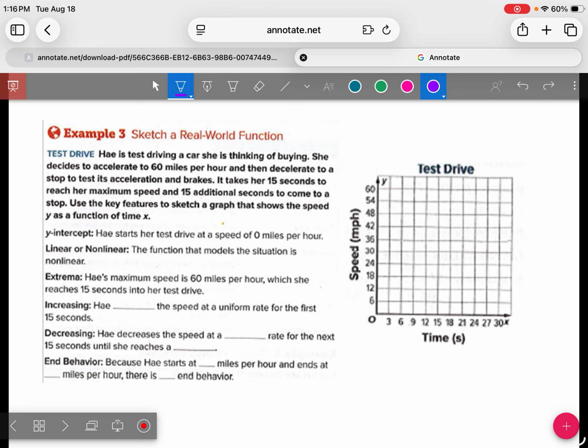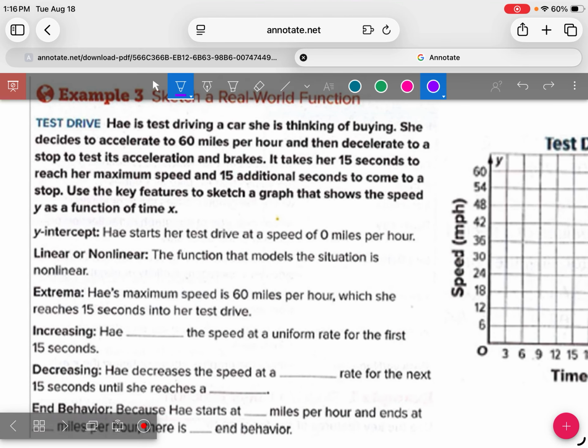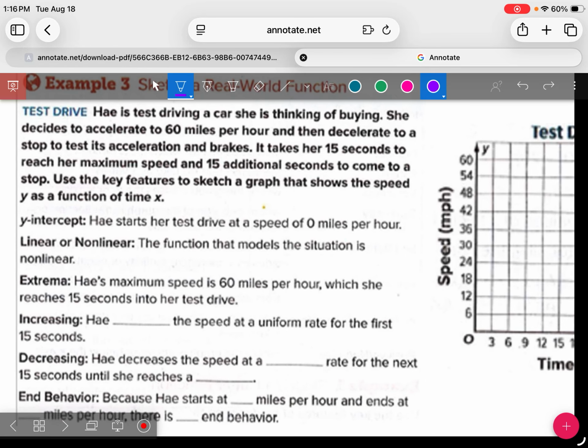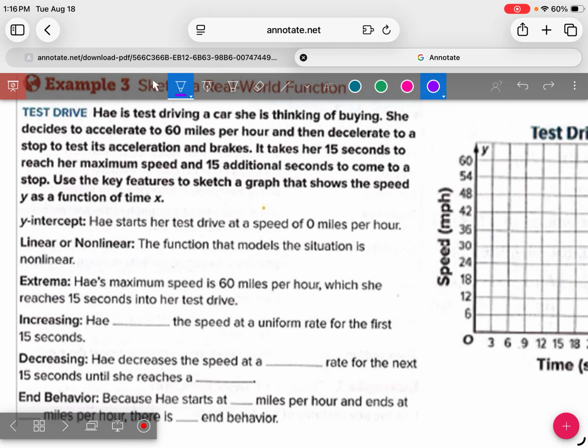All right, so we've got this person who is thinking of buying, test driving a car. She accelerates up to 60 miles an hour, and then she's decelerating back to zero, back to a stop.